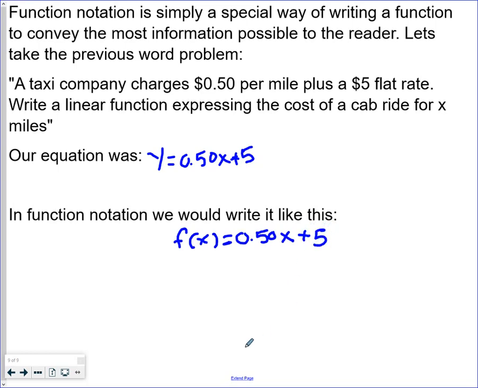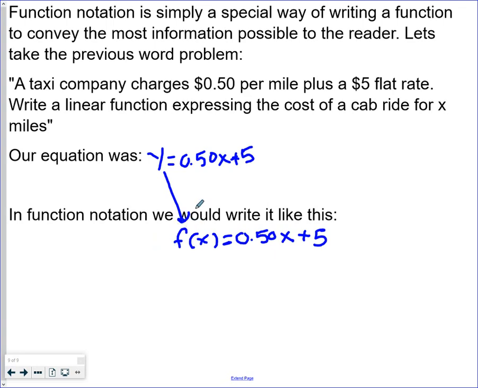That's all it would do. It would go from being y to being this thing. This right here is described as f of x. It is not f times x. It is not a multiplication. The f here stands for function. And actually, in truth, it's simply the name of the function. This is what we would call function f.